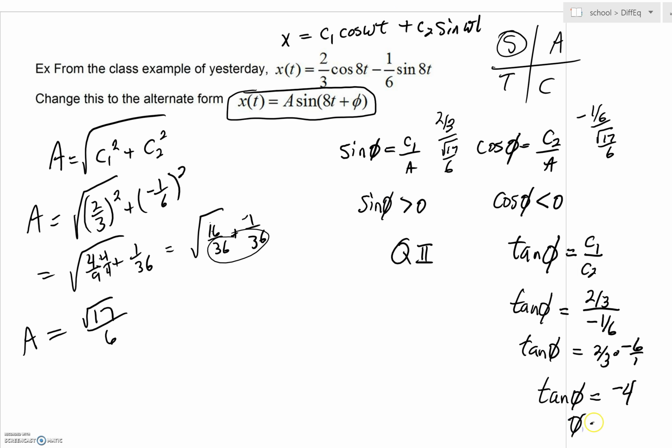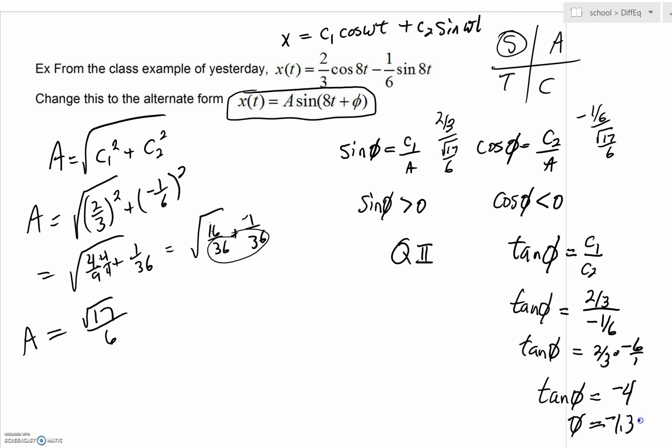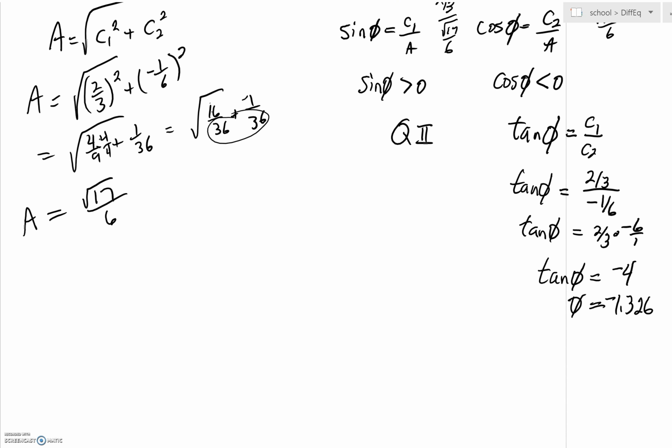Now here's the problem. I think we all know that we're looking for a second quadrant angle. But the way inverse tangent is devised, the way it's always worked out, is it can only give angles in the first quadrant and in the fourth.